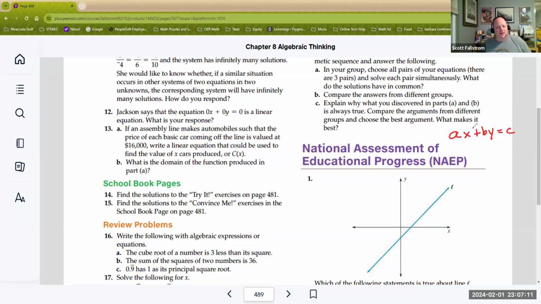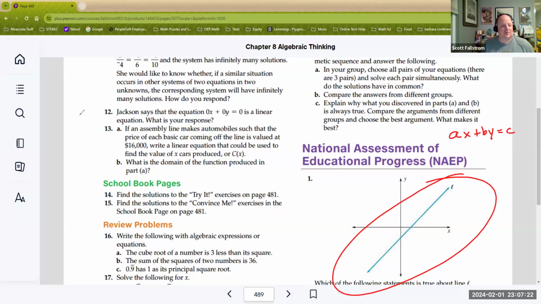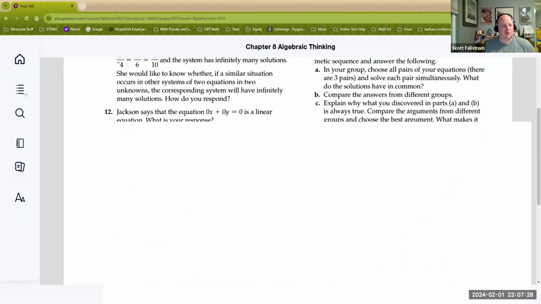So in one sense, you could, if you keep your definition that broad. However, what we really want when we do a linear equation is to be able to graph a line, right? So let's put some points in here and see what happens to our graph. Again, we want to graph a line. In our minds, that should be a linear equation.